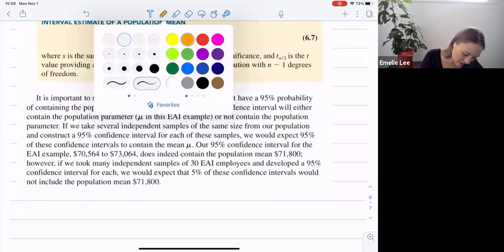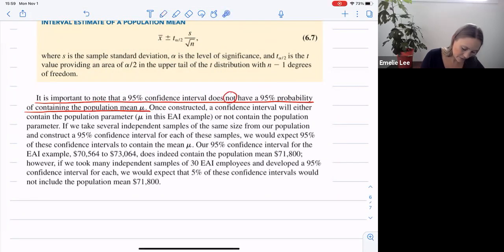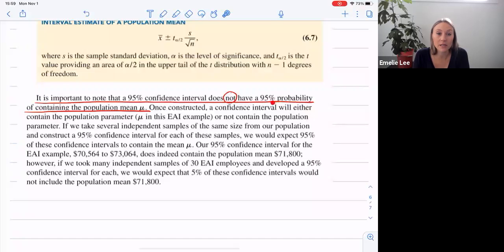Okay, and I will say this. Maybe I'll highlight this. You don't want to say something like a 95% confidence interval has a probability of any sort. It doesn't have anything to do with a probability. Right, we're 95% confident that we've captured the population mean, right?